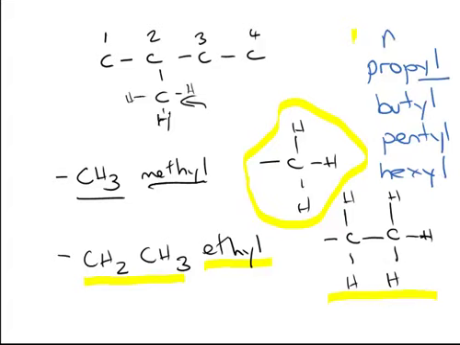That's why these are called alkyl groups. Okay, they're not a full chain, they're an alkane type chain that's coming off a main chain. Okay, so that's kind of important to know.